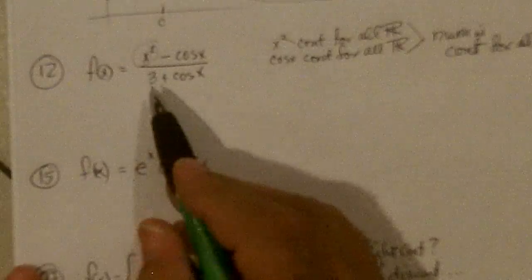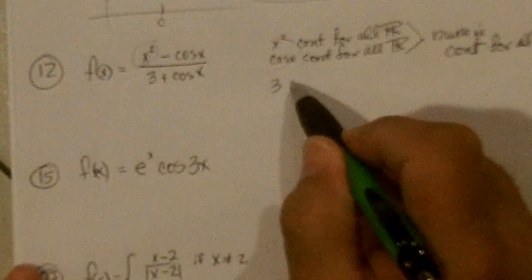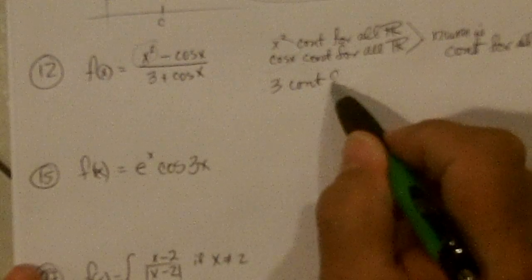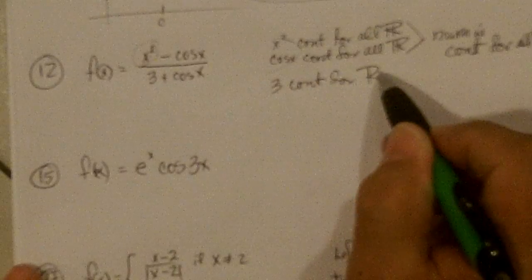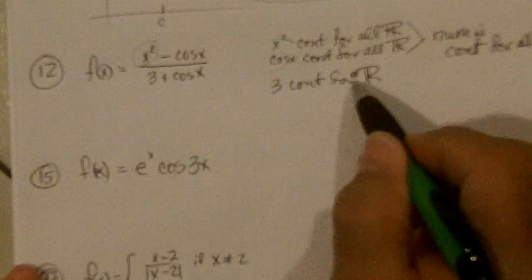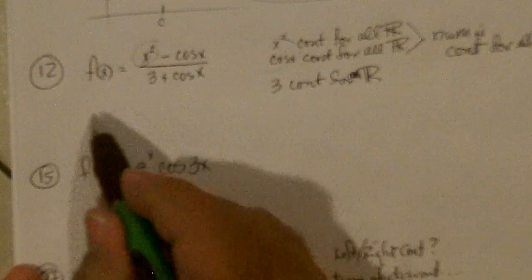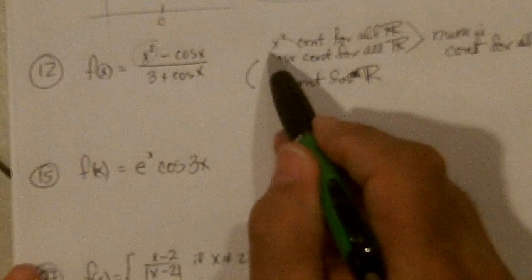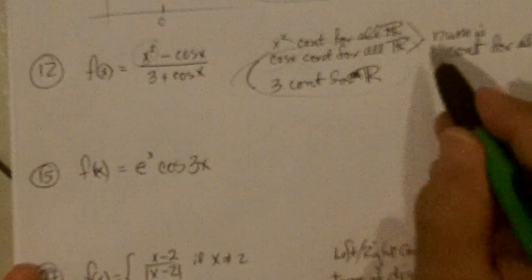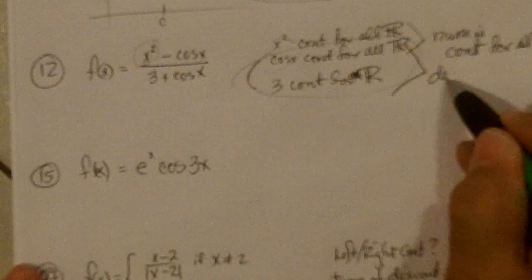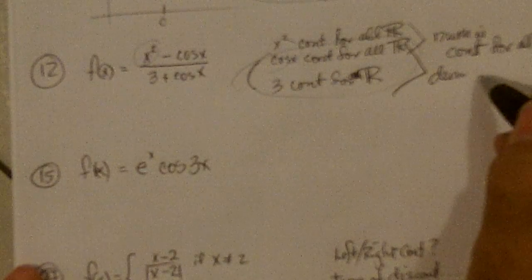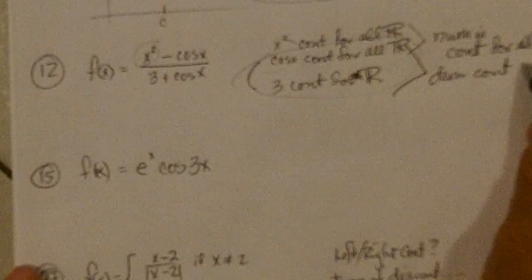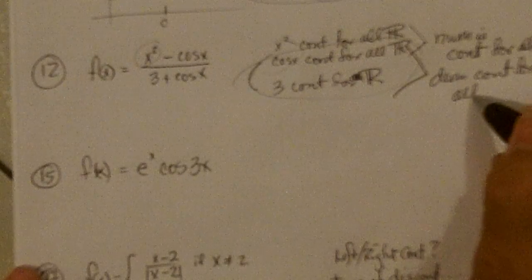Okay, now let's look at the denominator. Well, 3 is continuous for all reals, and the cosine, we already talked about it. So therefore the denominator is continuous for all reals.